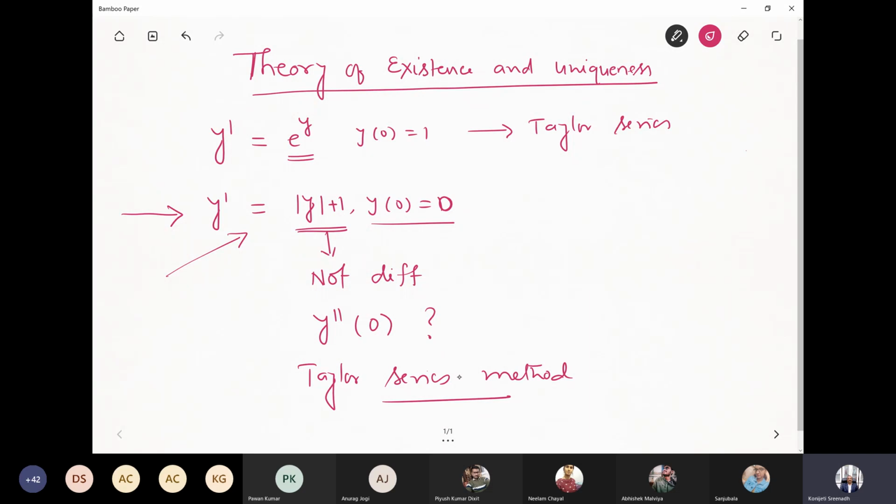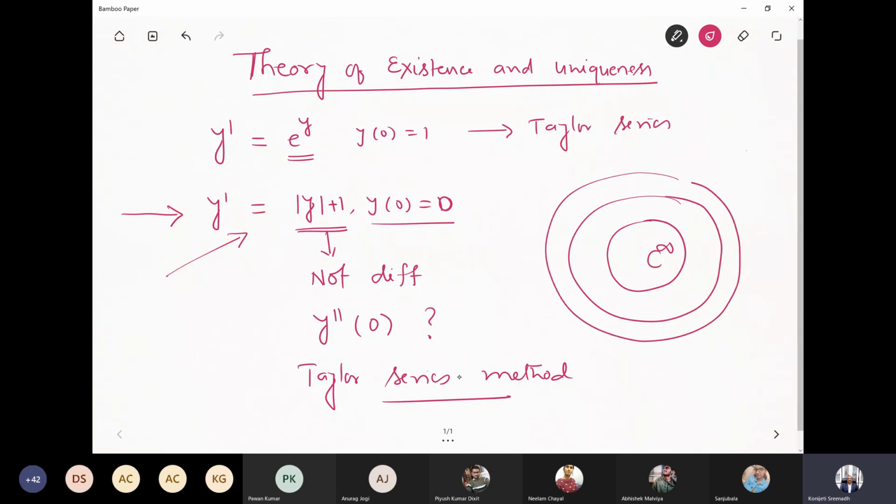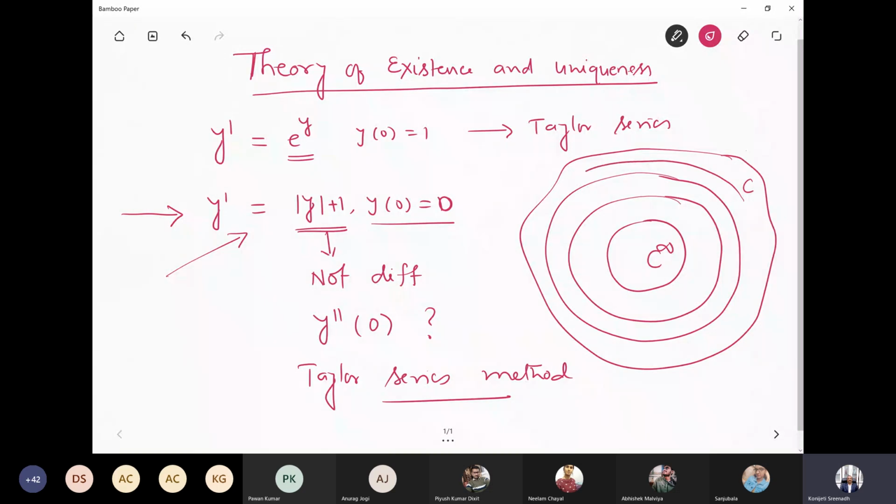Okay, so if this is the class of C infinity functions, then C1, C2, they're all like this, all the Cn's, and there is a big class of functions here, which is the set of continuous functions, and below that is the set of C1 functions. So this is C1 functions, that is differentiable functions.